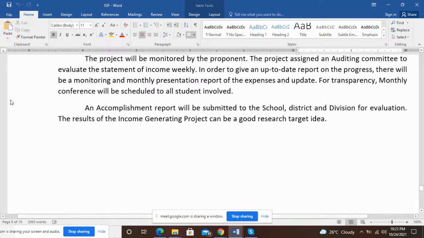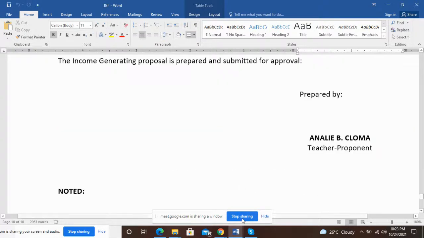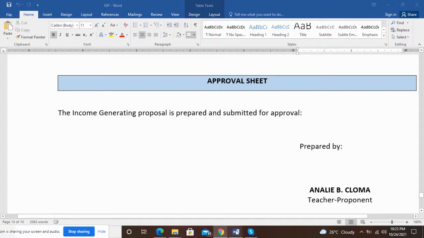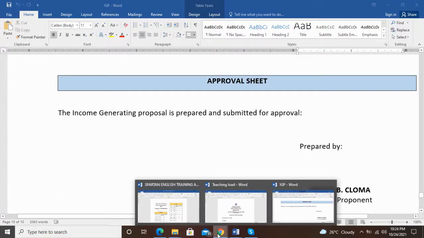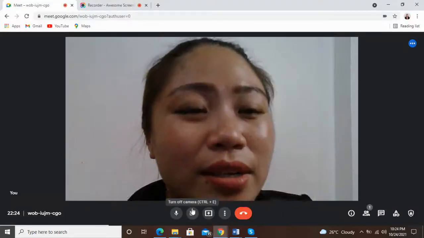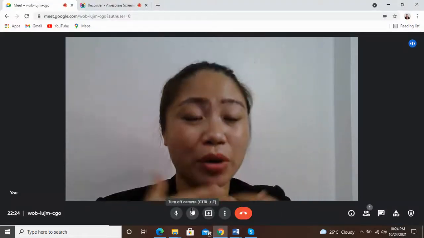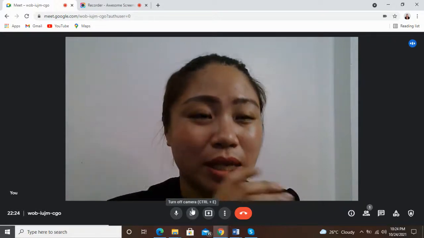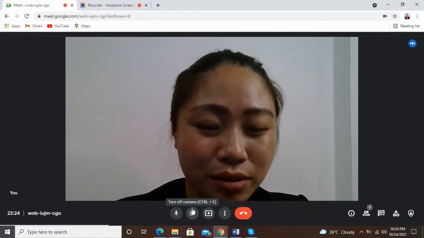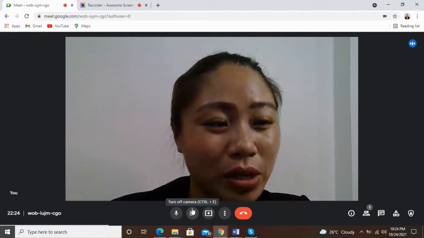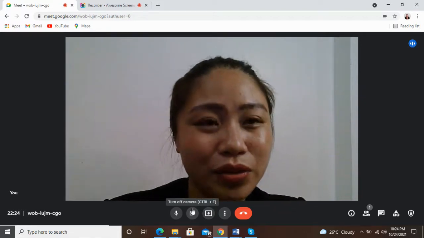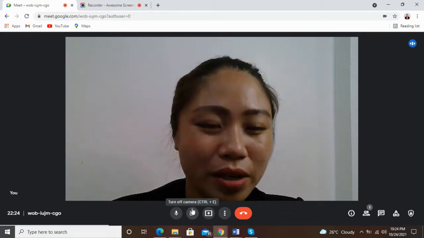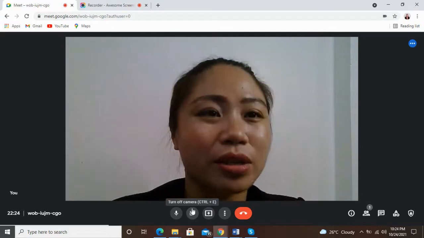The good thing about making an IGP is that you could also use your IGP after, and you could learn or do research about the result of your IGP. So it means they are connected. After making your IGP, when it's approved and you're done, you can submit it to the division, present all your MOVs and everything, and it's evaluated properly.